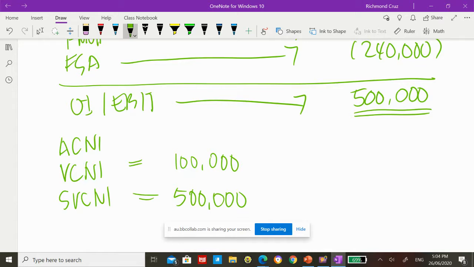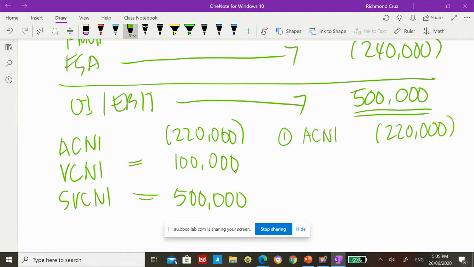For absorption costing, that is negative 220,000.